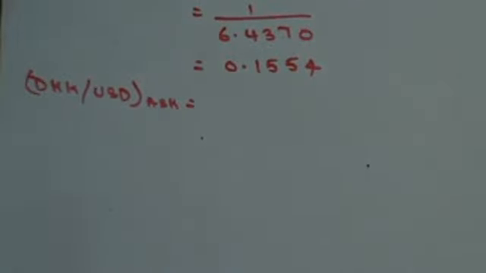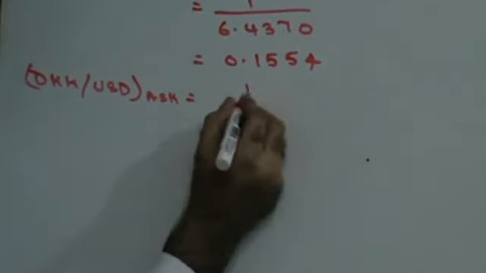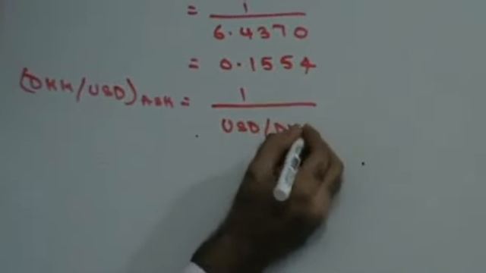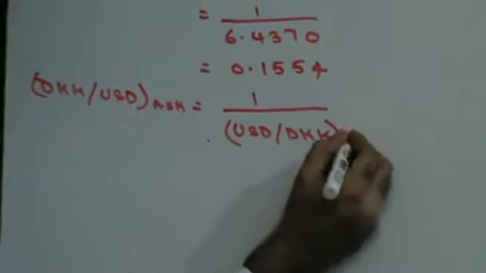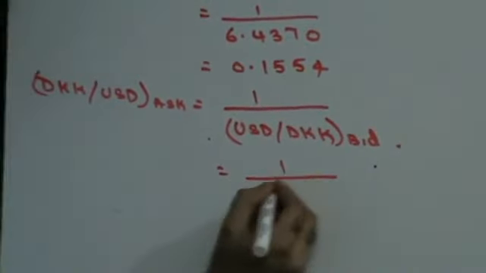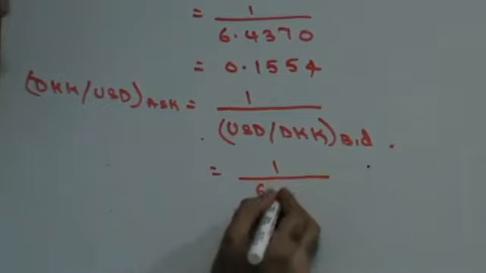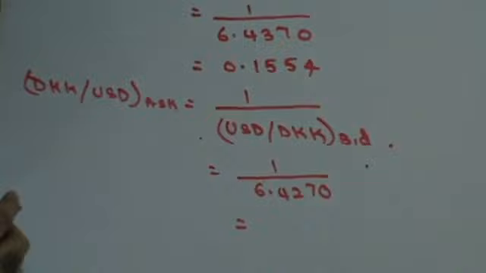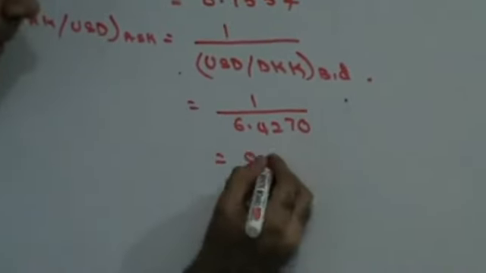Similarly, I can say DKK USD ask. When I want to convert from direct to indirect, I have to reciprocate. When I reciprocate, ask changes to bid. So this is going to be 1 upon bid 6.4270. So this is going to give you 0.1556.